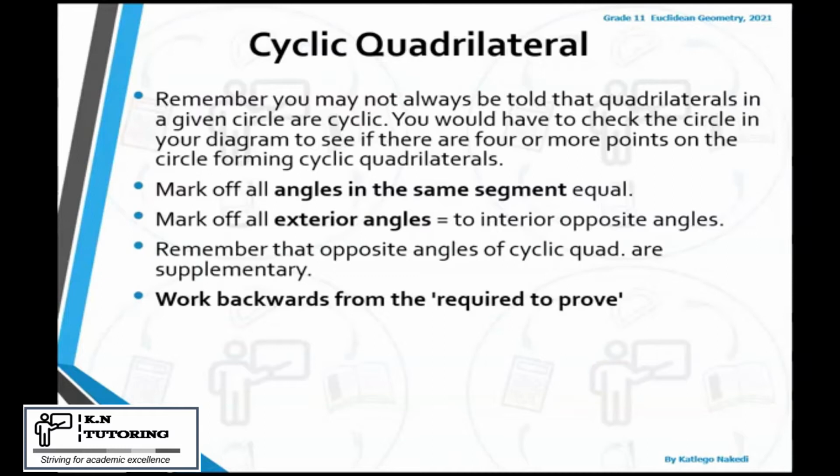Bullet number 1: you may not always be told that quadrilaterals in a given circle are cyclic. One thing that I want to mention, especially when it comes to Euclidean geometry, I've mentioned in the last lesson that it's very important to read the problem statement.